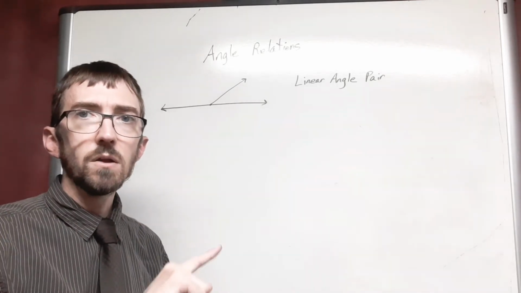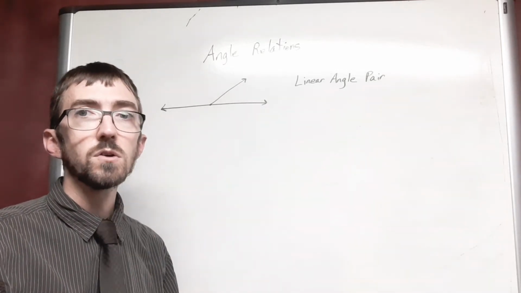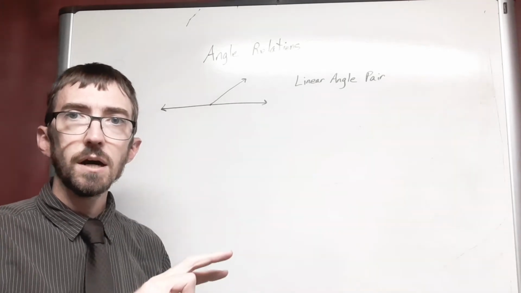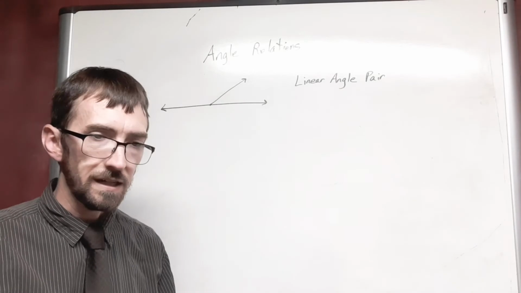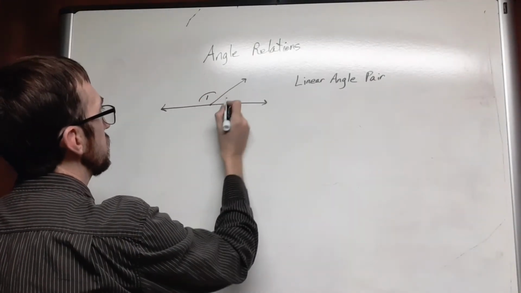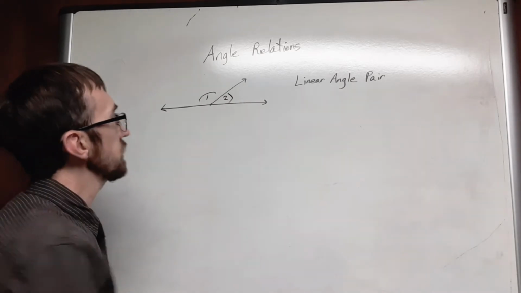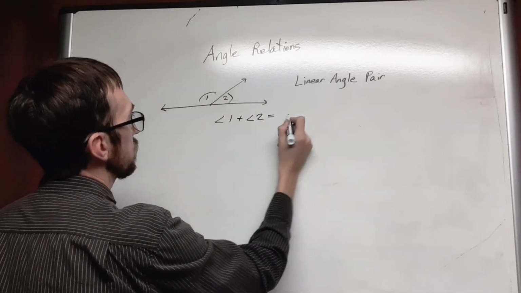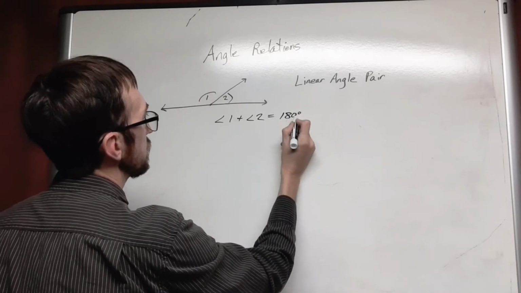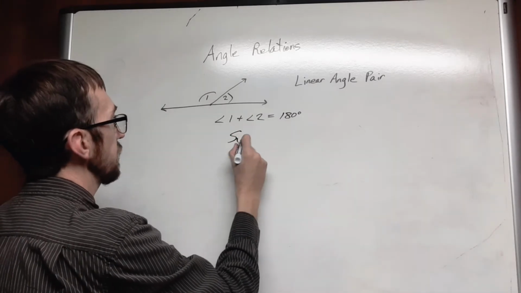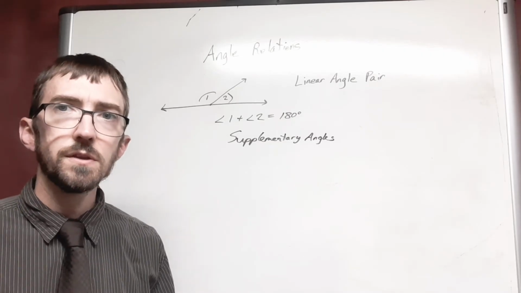Something else about linear angle pairs is that they are also supplementary angle pairs as well, which means the combined angles total to 180 degrees. So if we look at this being angle 1 here, and this being angle 2 here, angle 1 plus angle 2 will equal 180 degrees. And so we call these supplementary angles. And so there's also a theorem that goes with that.